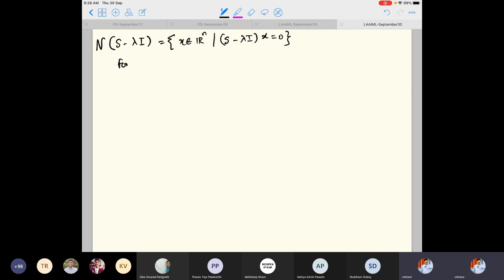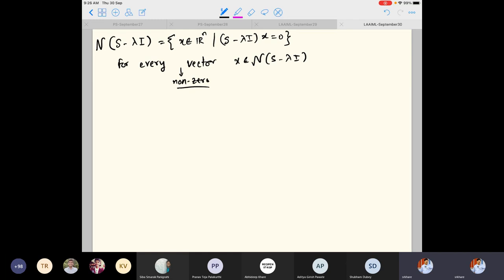So for every vector x in the null space of this S minus lambda I, I'll make it precise, every non-zero vector, because this is a subspace and the zero vector is also there.